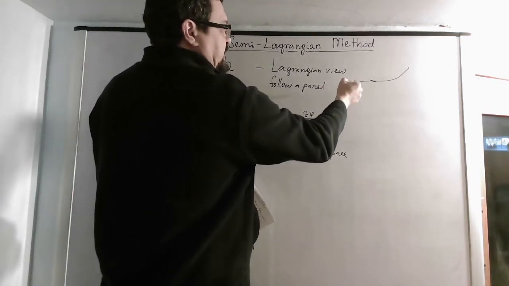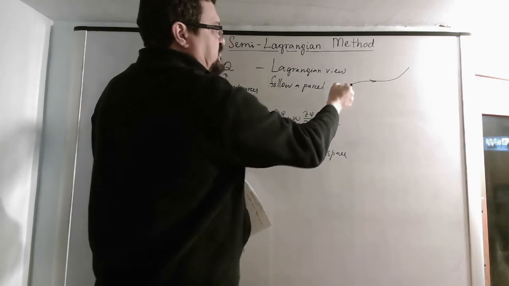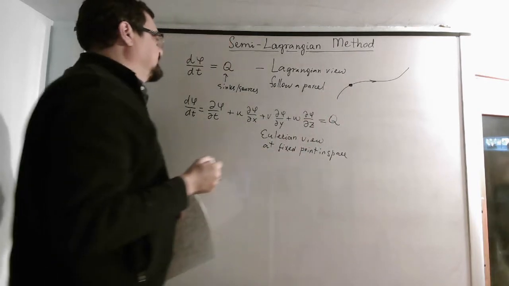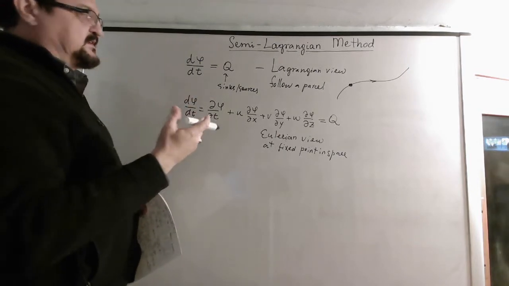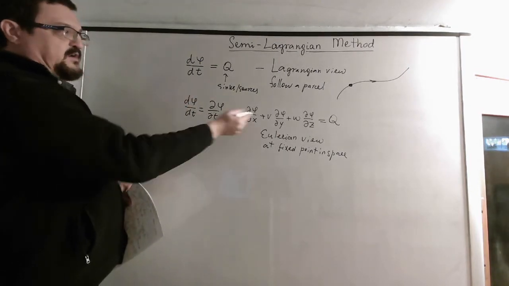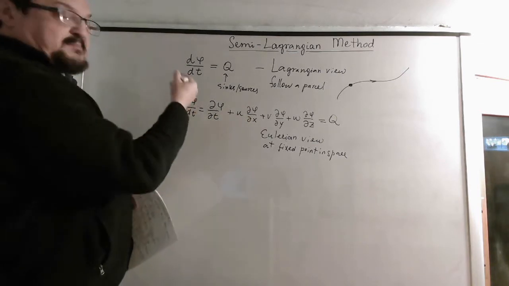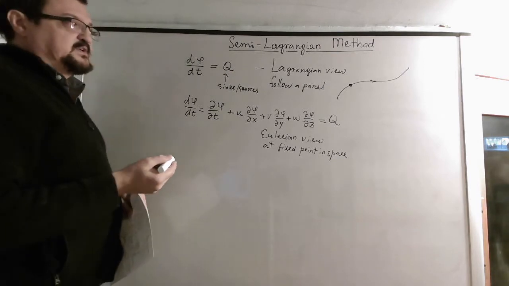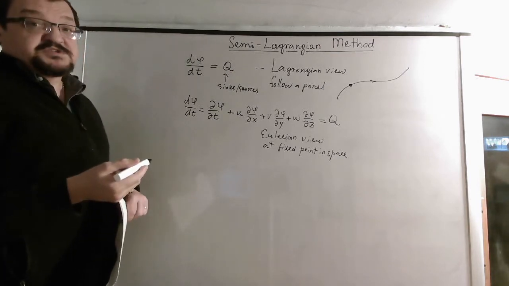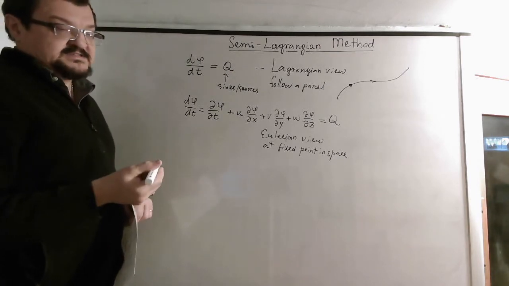And maybe you can also compute the derivative of phi in space at that point. So you're not moving anywhere. Those views are of course mathematically equivalent. But in practice, when you apply them to solving the equation, they are quite different.